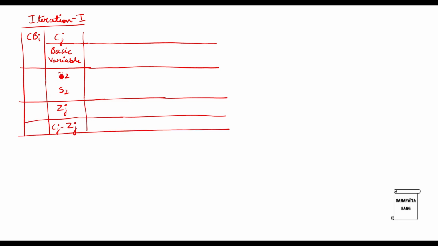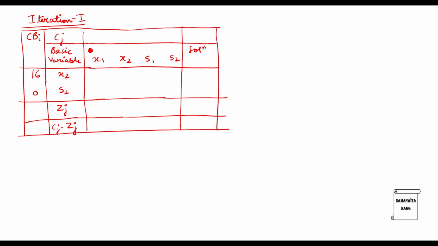Now the coefficient of X2 in the equation of Z is 16 and S is 0. Here again you will write down X1, X2, S1, S2. And here I will write only the solution because I don't know if the ratio column is required. So I will just leave some space, but I am not sure if it is required. It is possible that all Cj minus Zj at this stage will become less than or equal to 0. So x1 has value 12, x2 is 16, this is 0 and 0. Now we have to calculate this table.